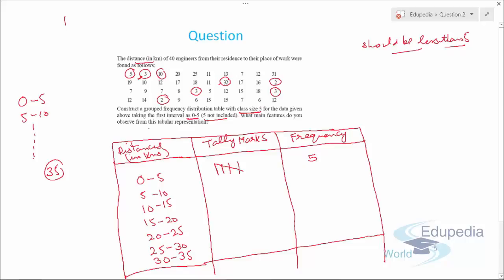So for 5 to 10 we need to search. This means it should be less than 10, right? So for 5 to 10, 5 is included. So this is 1, right? Then 3 is done, and 10 we can't, 20, 25 no, 11 not possible, 13 not possible, 7 yes, we need to include 7, it's another, second value.